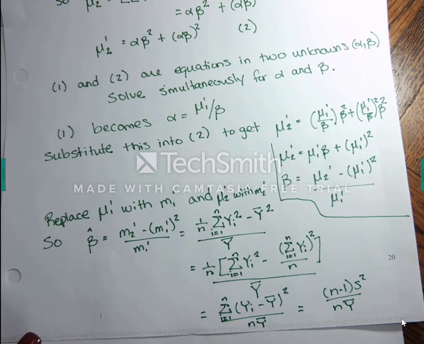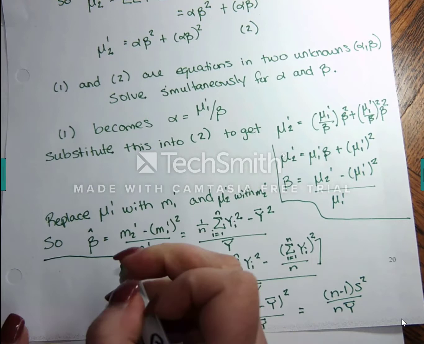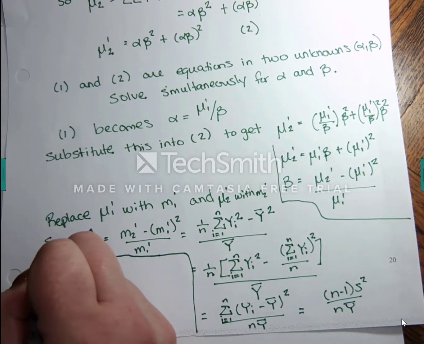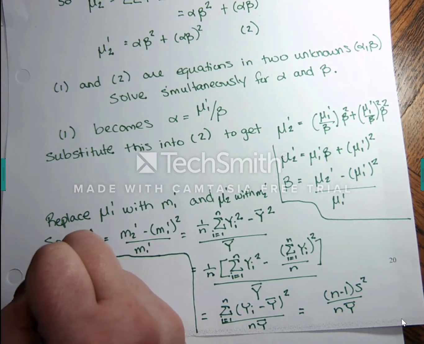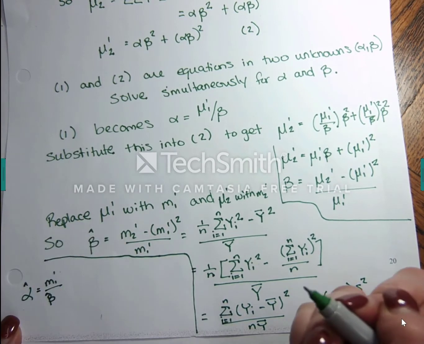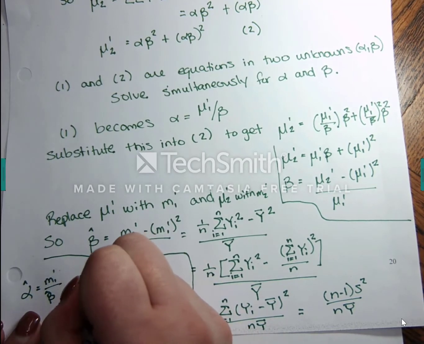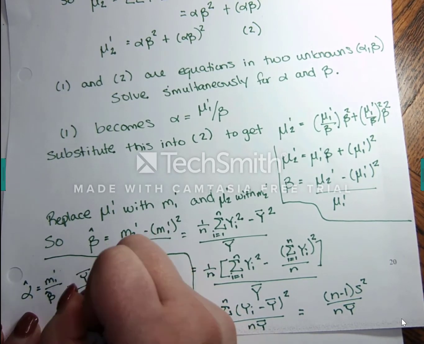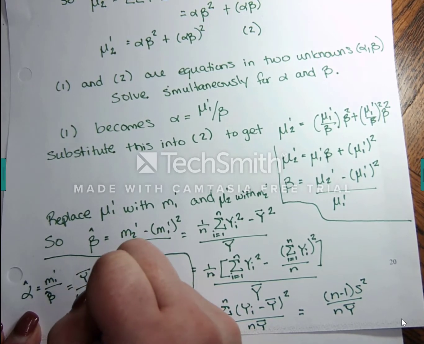So that's what we would use to estimate beta if we're using the method of moments. Well, of course, we'd also like to estimate alpha, so I'm going to use my little bit of space right here to do that. Notice that alpha prime we showed was equal to the first sample moment divided by beta hat. Well, our first sample moment is y bar, so this is going to be y bar divided by our estimate for beta hat that we just had.